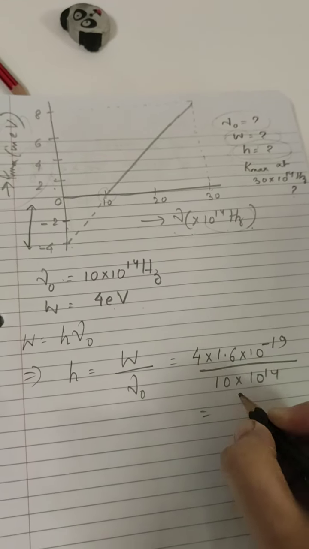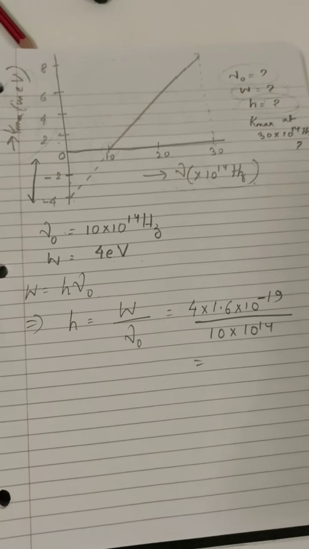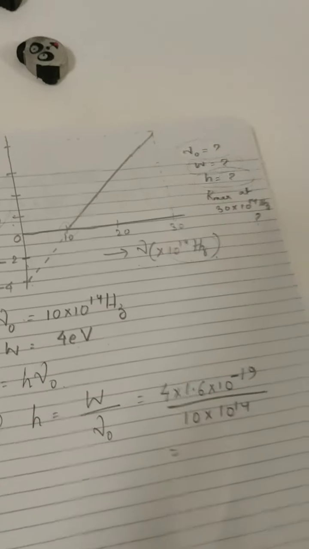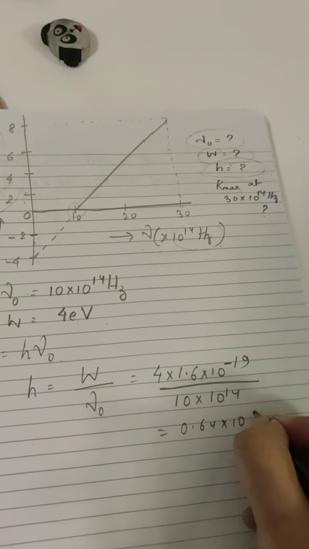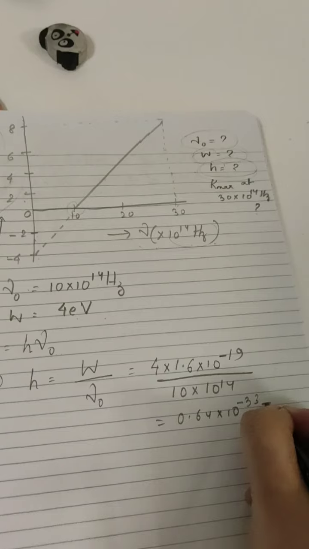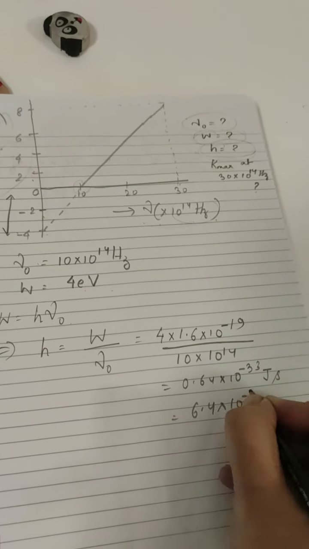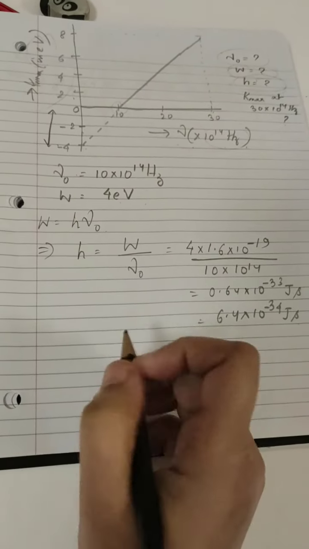So how much are you getting? You will get 0.64 into 10 to the power minus 33 joule second, or 6.4 into 10 to the power minus 34 joule second. Okay, that is H.